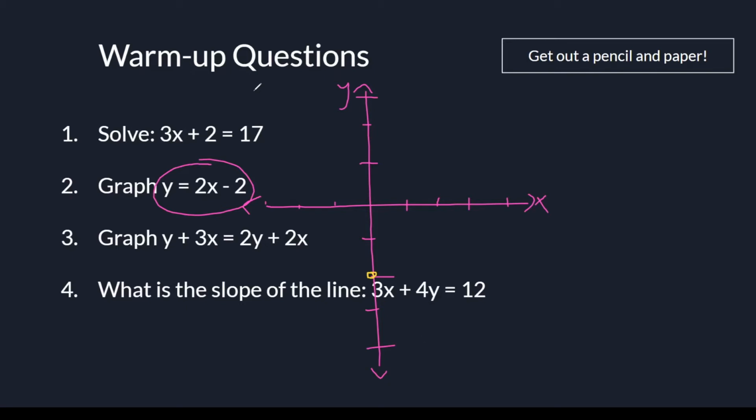Y is 0. Exactly. So where do you think that is? Yeah, it's right here. Okay, so then you just draw this line. Got it, everyone? That is what y equals 2x minus 2 looks like. Does that make sense to everyone? Yes? No? Okay, so who wants to try number 3?